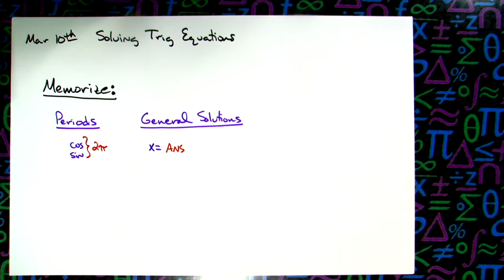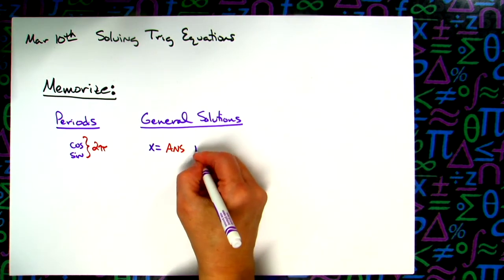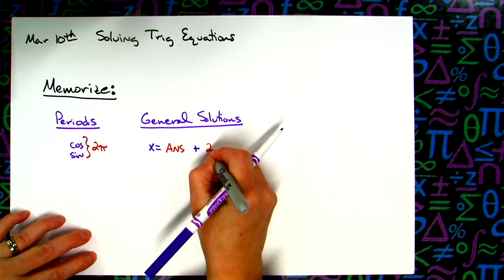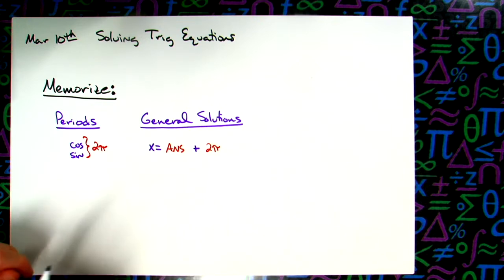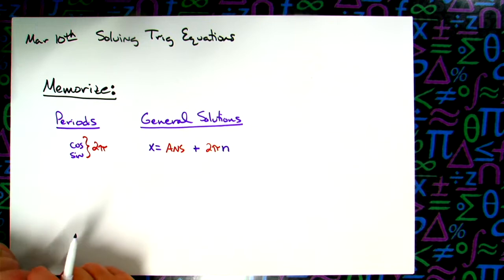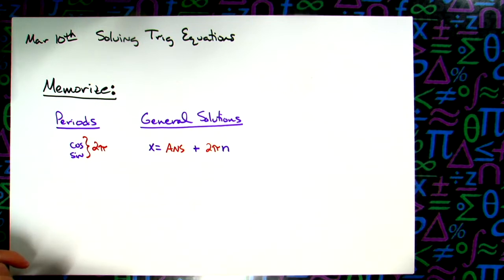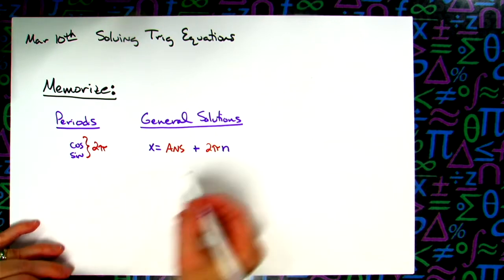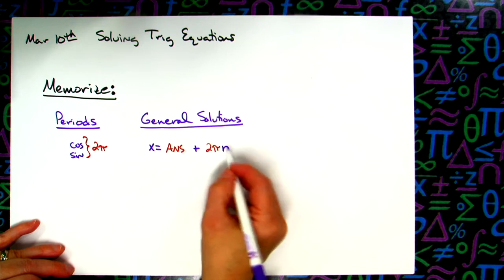However many answers you have there, plus, and I'm going to write it a little bit different than I did in the video, 2 pi, because that's the period, and we're going to multiply it by n, n being integers, multiples of integers, so -1, 0, 1, 2, 3, 4, 5. That'll never be a decimal because this is integer multiples.